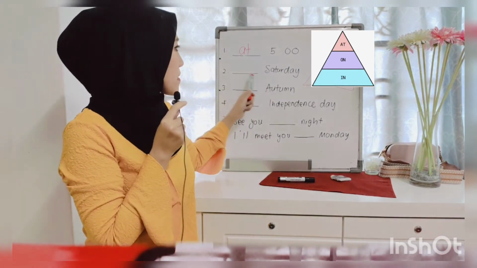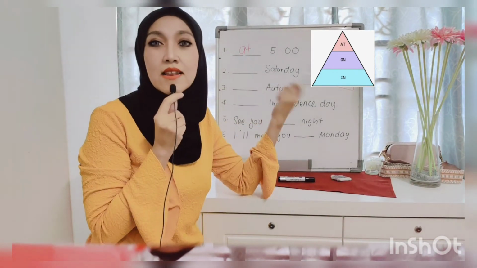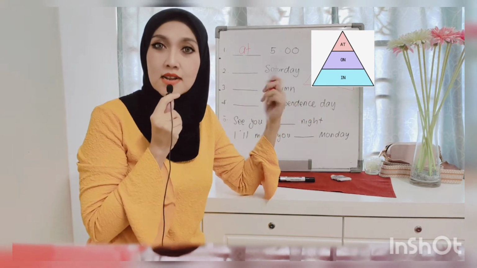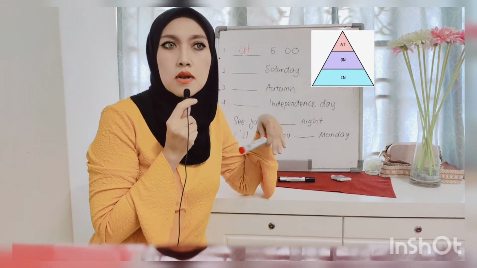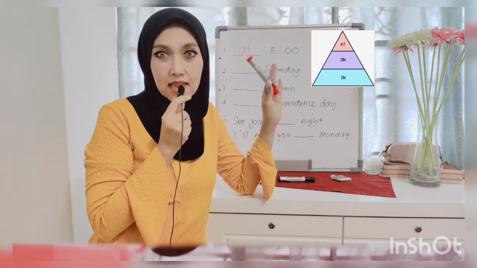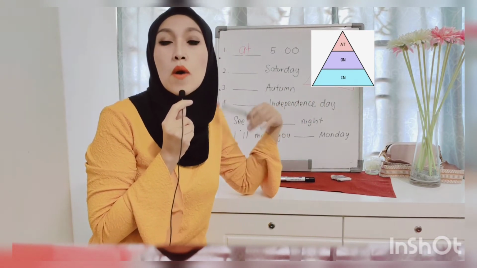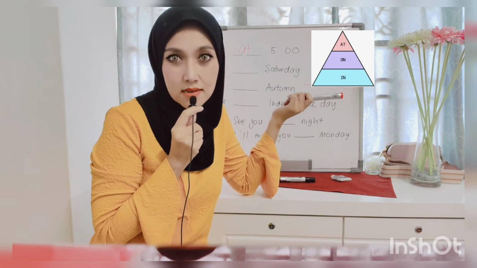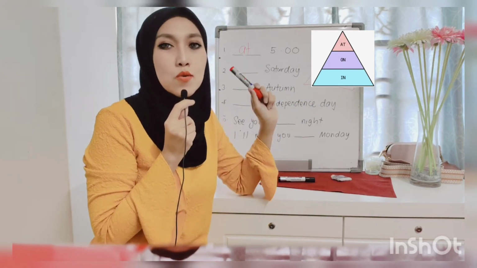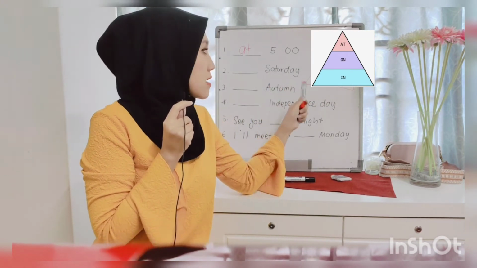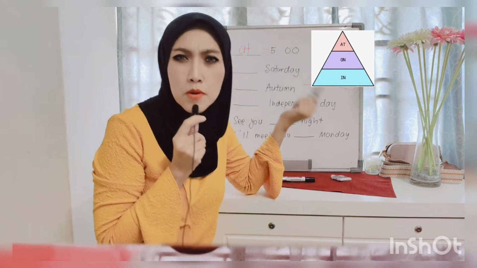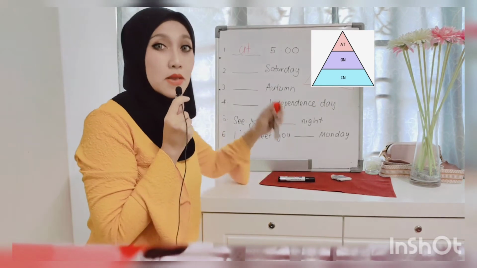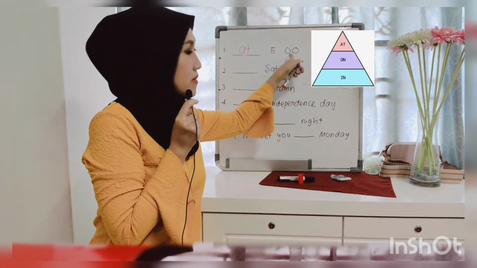Next, Saturday. As I mentioned earlier, when we want to say something related to a day, or a specific date, we use on, because a day is a little bit wider than a specific time.